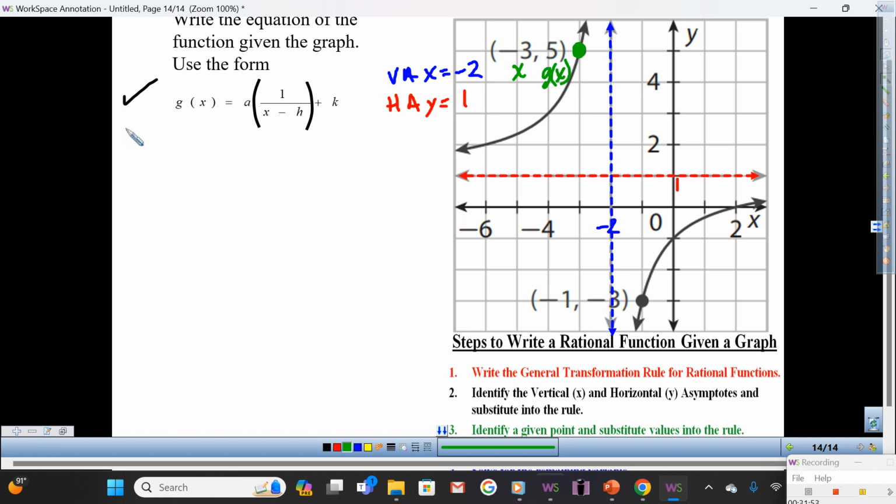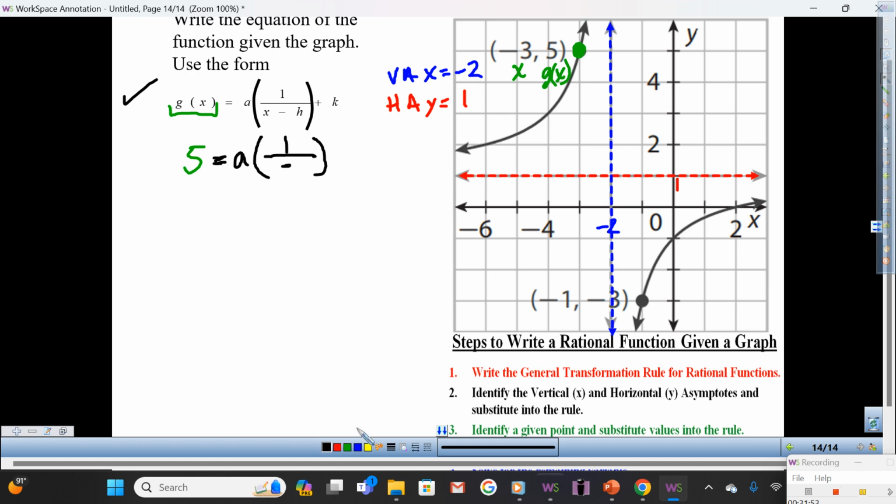Lastly, we're going to substitute all these values into our form. So here we go. Look up. What is g of x? 5. Equals. We don't know what a is, so I'm going to write a. The 1. The minus. Do we know what h is? Or the VA?